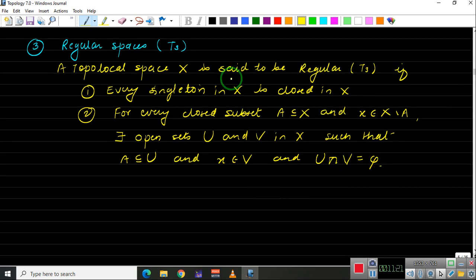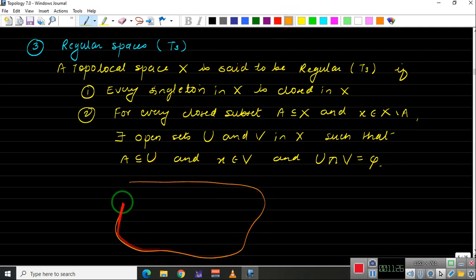Okay, so if you need to draw the diagram of this, it's very simple to understand. Let us take this as X, and we have a subset of X. So this A is a subset of X, and you take a point x outside A. No matter how close you are, doesn't matter.